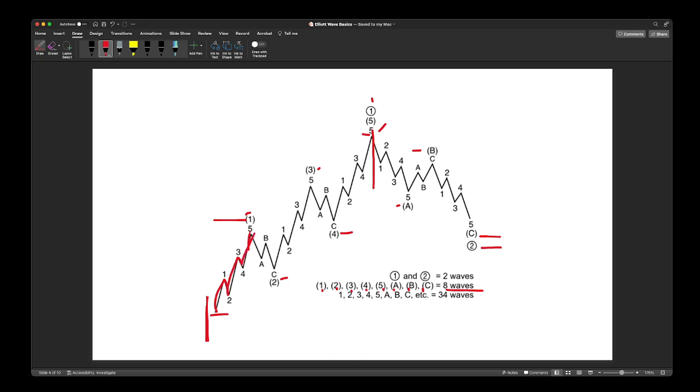So at its third smallest degree, we find another 5-wave pattern. Inside, let's say, wave 1, we should also see another 5-wave pattern.